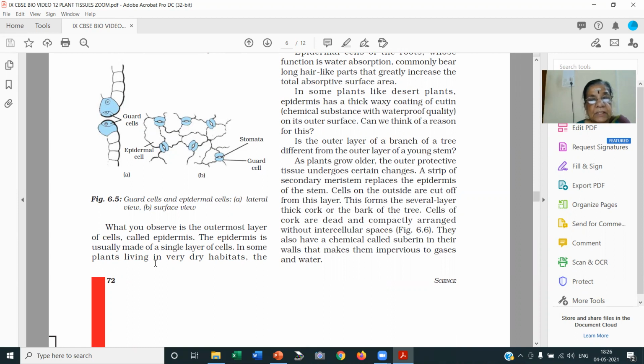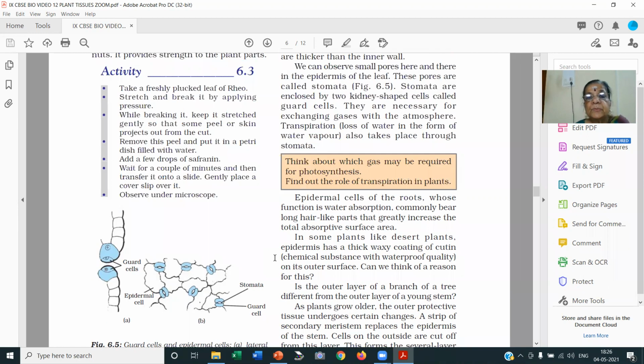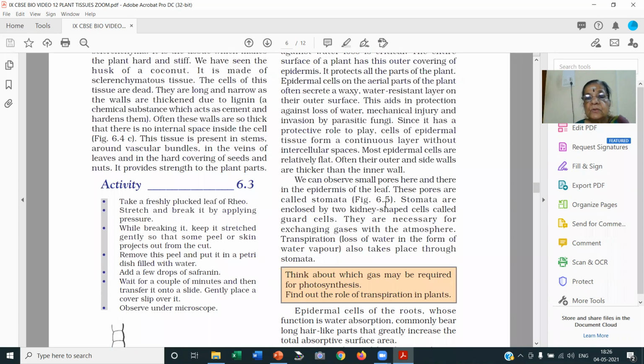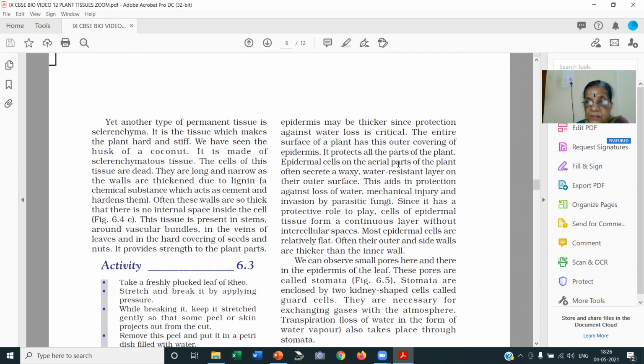In some plants living in very dry habitats, mark from there. Most epidermal cells are relatively flat in the area. This is for structure of epidermis and function.